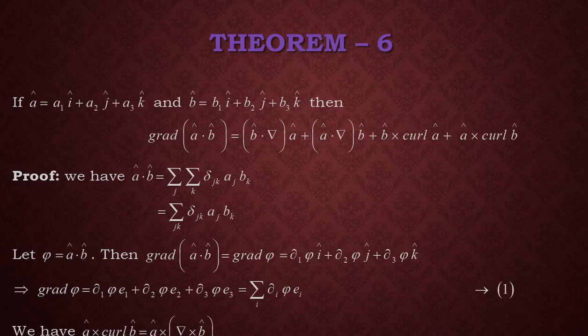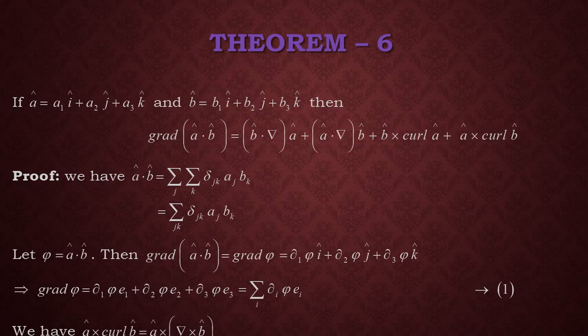Their dot product A cap dot B cap is a scalar field. After that, we have to find its gradient. Let us first find A cap dot B cap. To represent the dot product between the vector fields A cap and B cap, we have to use the Kronecker delta representation.